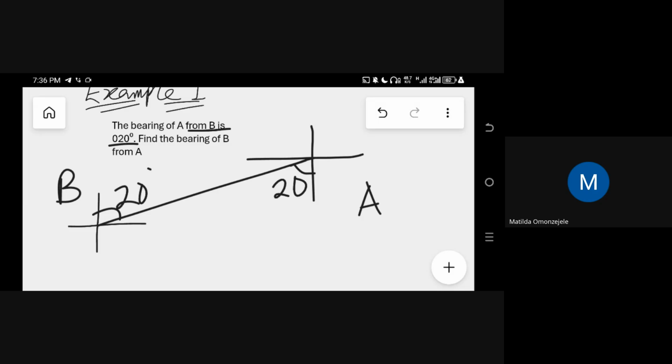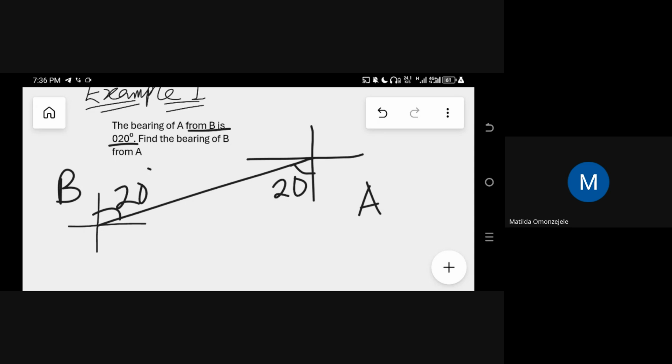We'll just go ahead. So now that we have that part in point B as 20 degrees, then we have this other part in point A to be 20 degrees too. They are called alternate angles. You were taught in JSS2. They said alternate angles are equal.